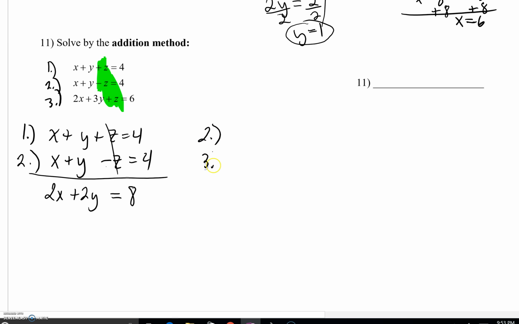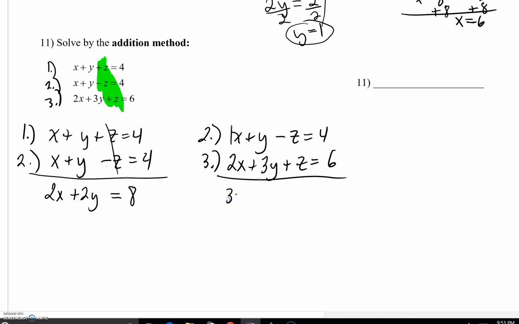Try equation 2 and equation 3. So you can have x plus y minus z equals 4. Down here we have 2x plus 3y plus z equals 6. And a 1x and a 2x add up to a 3x. A 1y and a 3y add up to a 4y. Your z's are gone. And 6 plus 4 would be 10.